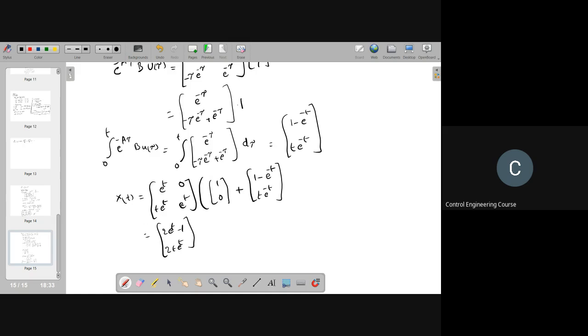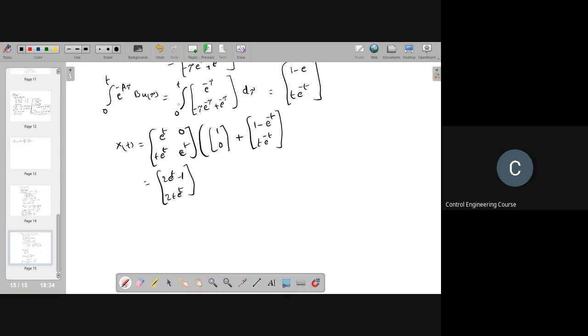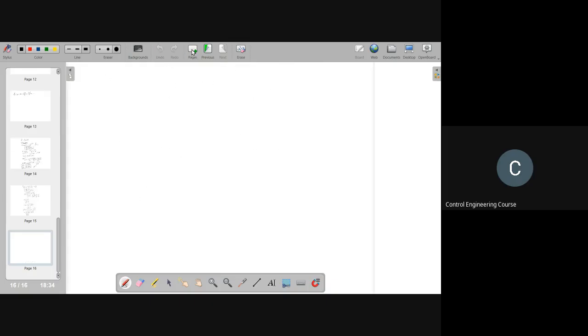Okay, and let's find out another example on equilibrium point. Let us consider a nonlinear system, x1 dot, x2 dot, given as x2, comma, minus x1 plus 5 into 1 minus x1 square x2.